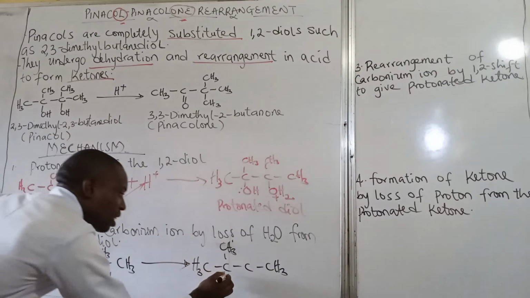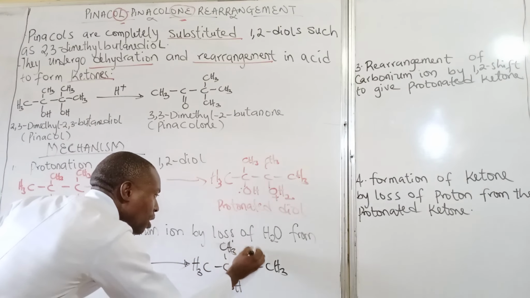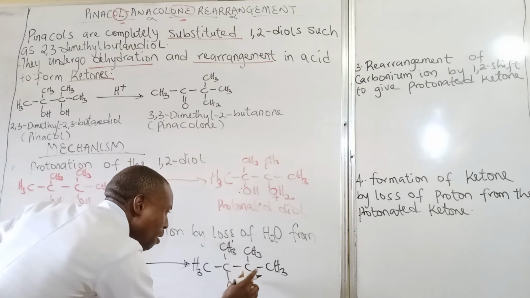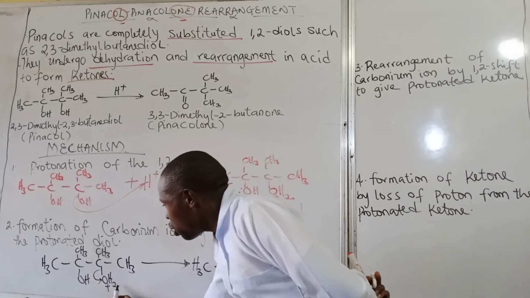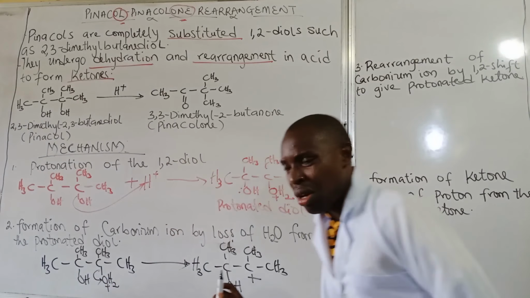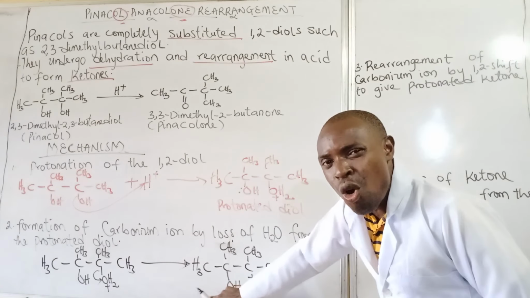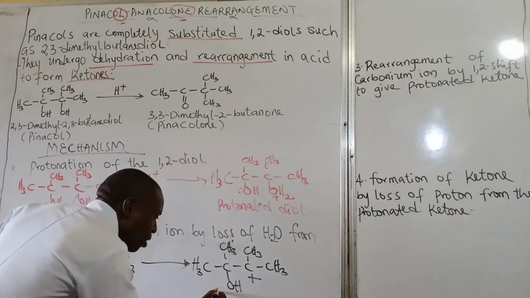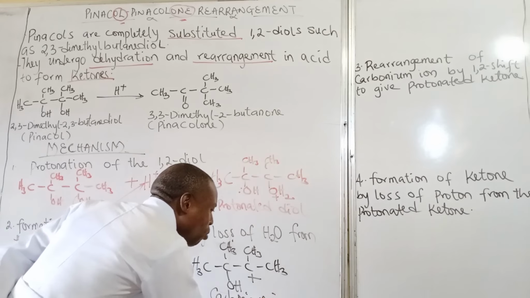So that in this case, here becomes OH, then here becomes, since this OH2 has been removed, I will now be having what we call the carbonium ion. So this is what we call what now? The carbonium what? The carbonium what?